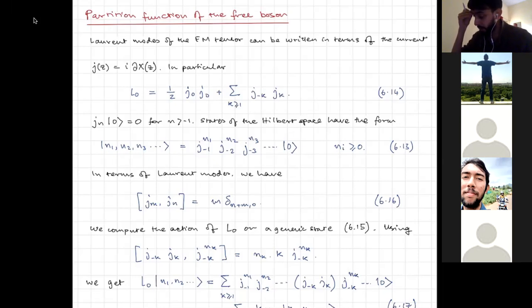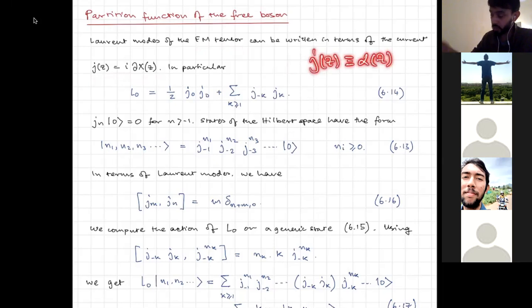We will start off with our free boson. Remember that you can write down the modes of the energy momentum tensor in terms of J_n. What I write as J_n here is equivalent to what we called alpha_n from earlier, the alpha naughts, but let's stick to this for the moment.